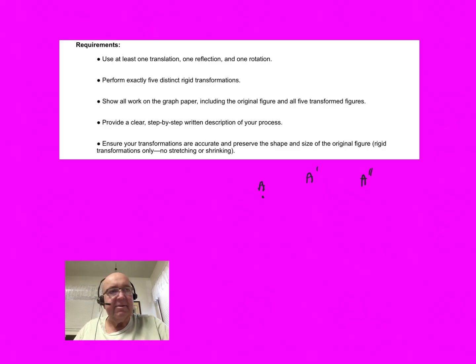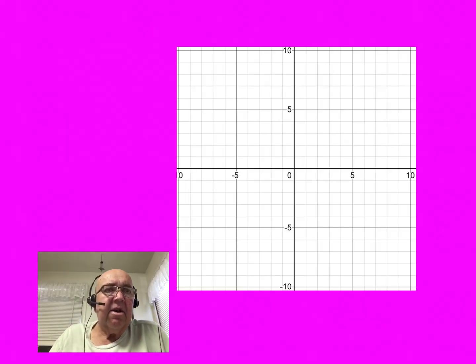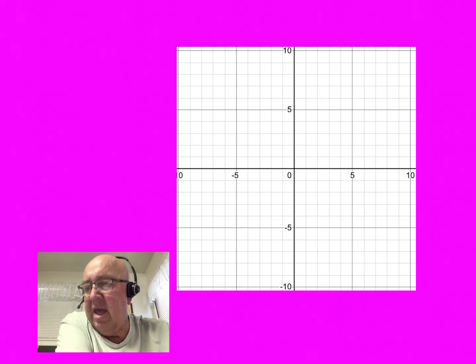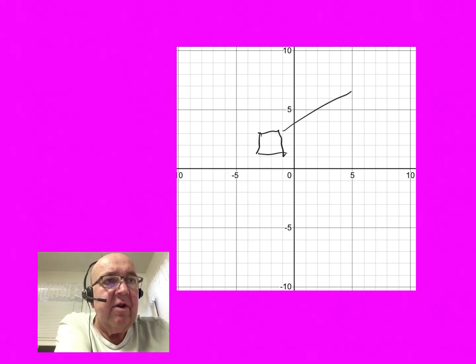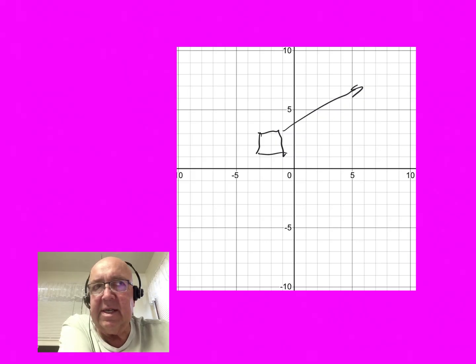So here are some tips to help you complete this. Again, as I've said in all things, start with looking at the rubric to see how things are going to be evaluated. My suggestion is plan it out a little bit ahead of time, maybe on scratch paper. Say you start with an original figure here, and say I want to move it up here, that would be a translation.